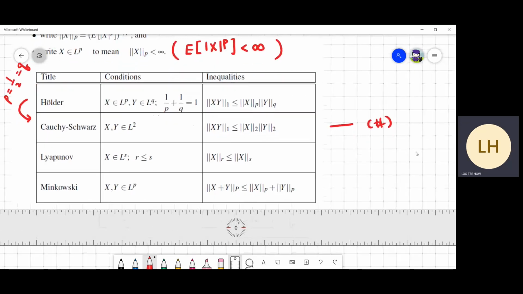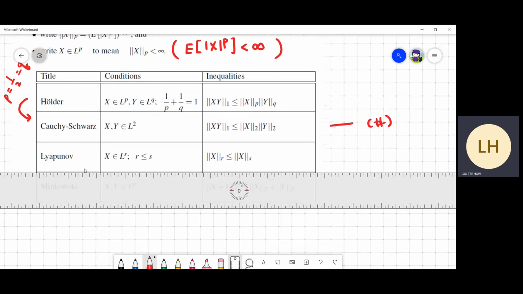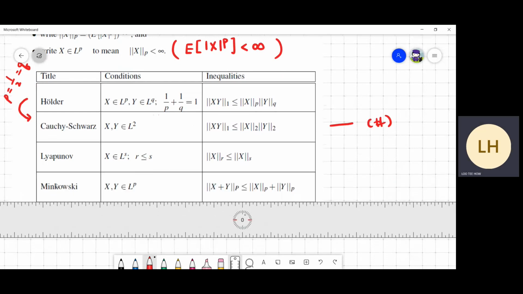Next, we have the so-called Lyapunov inequality. When x belongs to L^s and any r less than or equal to s, the r norm of x will be less than or equal to the s norm of x. And finally, we have the so-called Minkowski inequality. Whenever x and y belong to L^p, then we have this inequality.